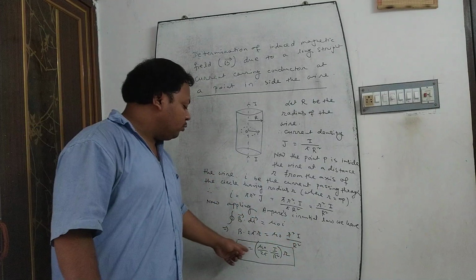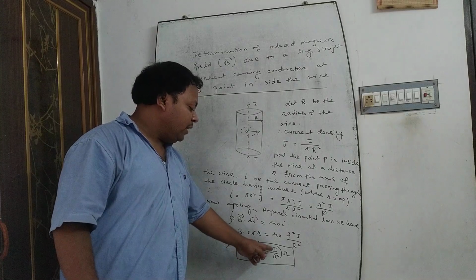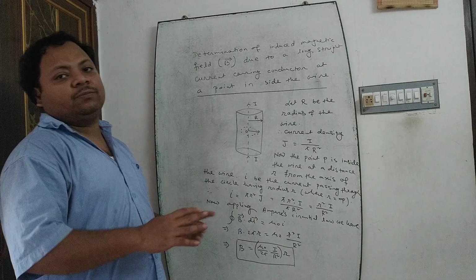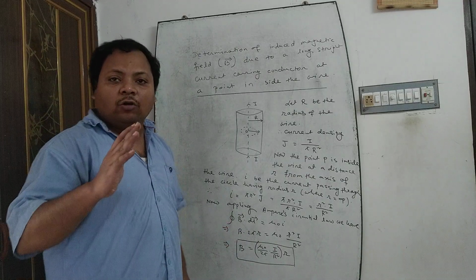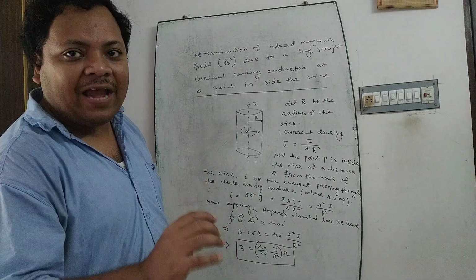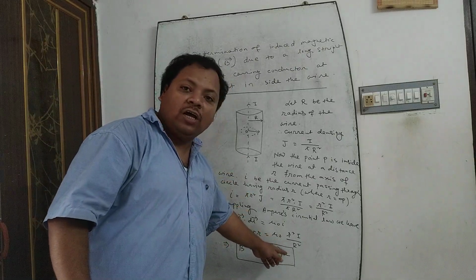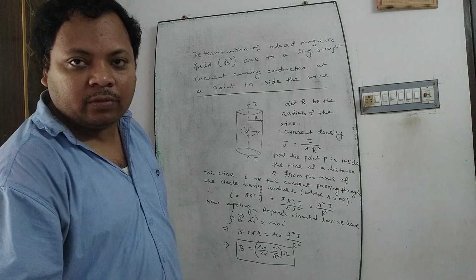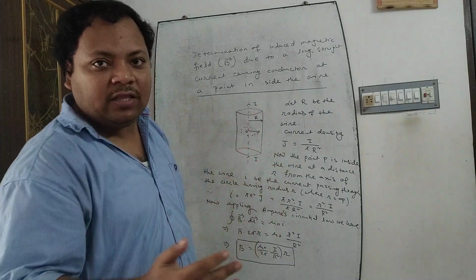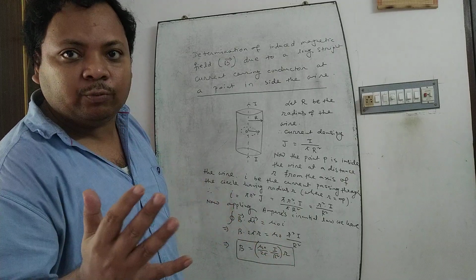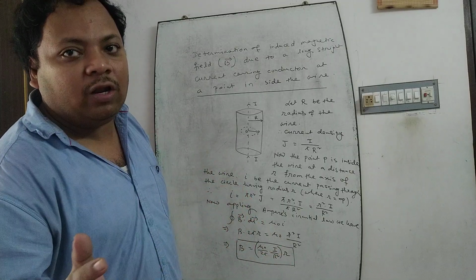This gives B is equal to mu0 by 2 pi into capital I by R square into small r. That is, inside the current carrying wire, the induced magnetic field is directly proportional to the distance small r. And outside the wire, the magnitude of B vector is inversely proportional to the distance small r.